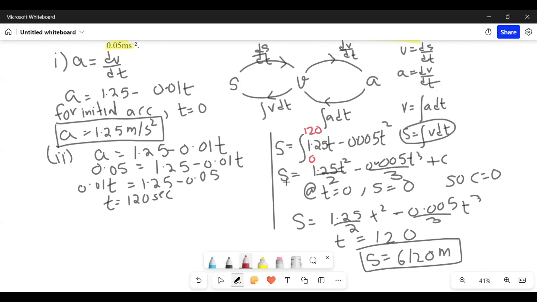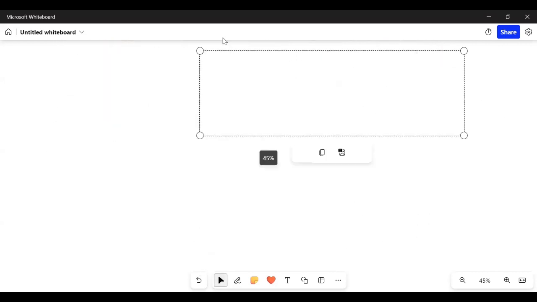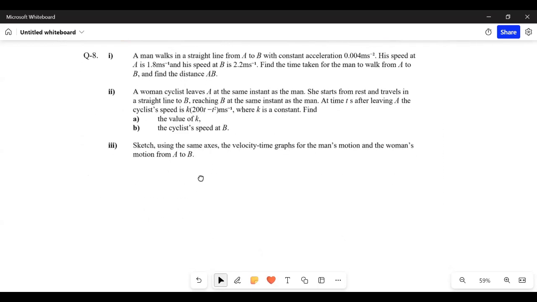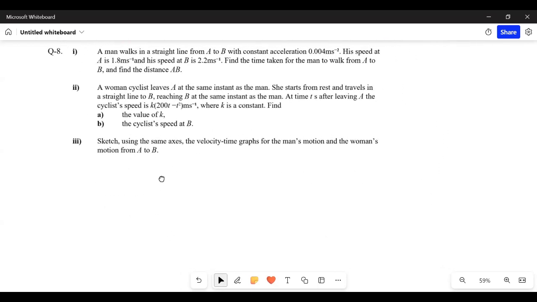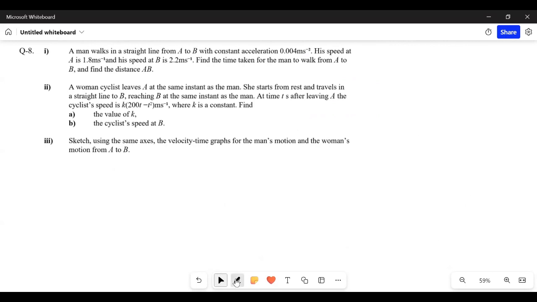Okay, next question. A man walks in a straight line from A to B with constant acceleration.